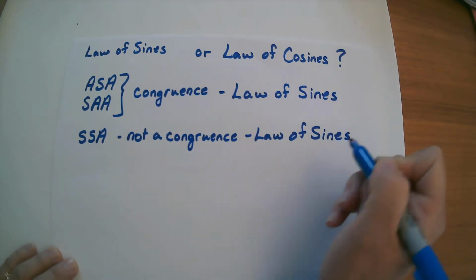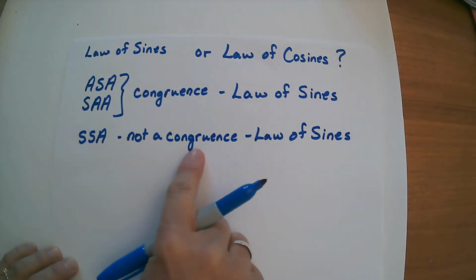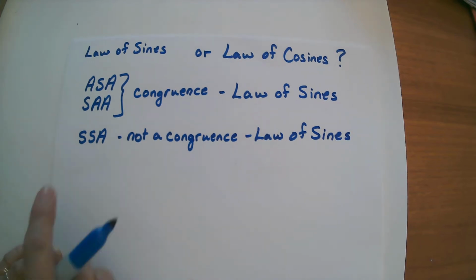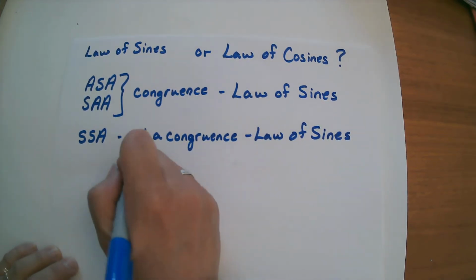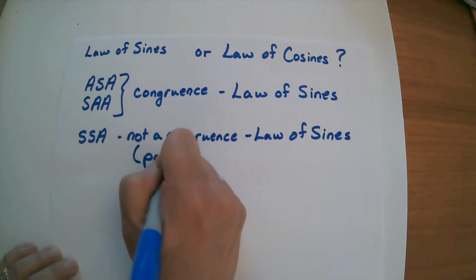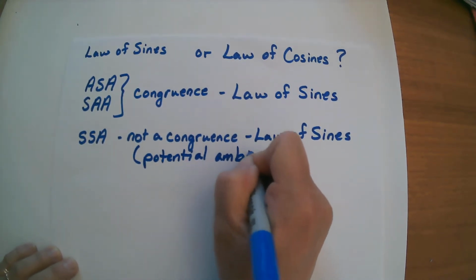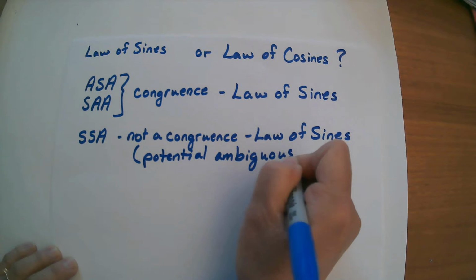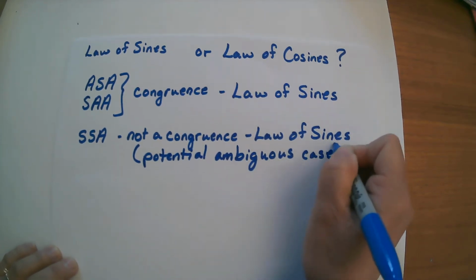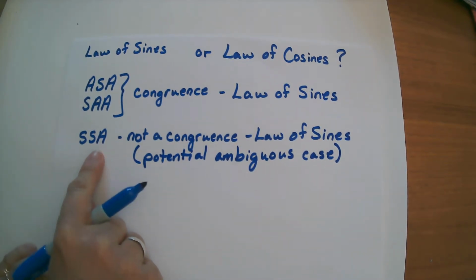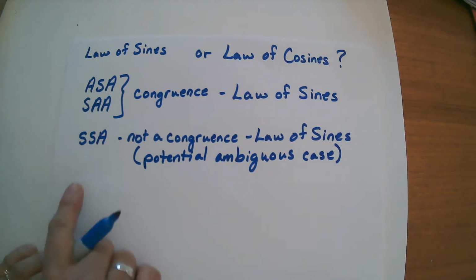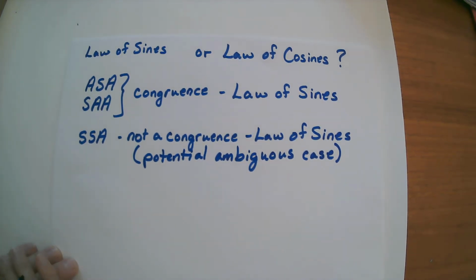And remember, this is not a congruence because this could potentially be the ambiguous case. But still you would use the law of sines to solve the triangle if you were given that information.